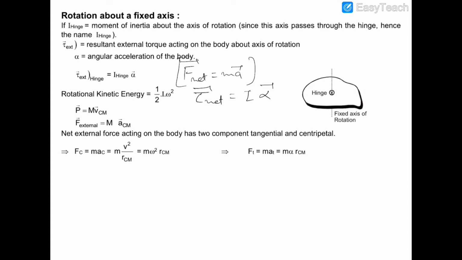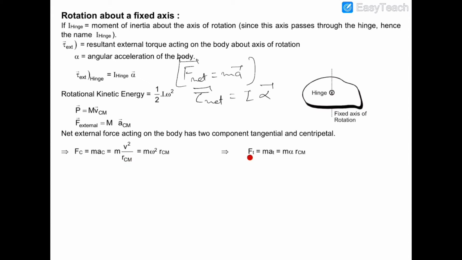Now if this external force has two components, one radial, which is centripetal, and the other tangential, then the centripetal force would be written as m ac, where ac is the centripetal acceleration. So this is m into v square by rcm, where rcm is the distance of the center of mass from the axis of rotation.